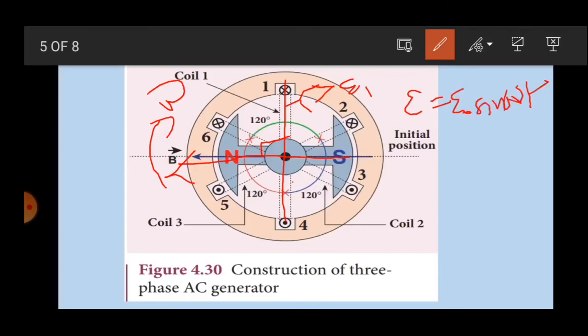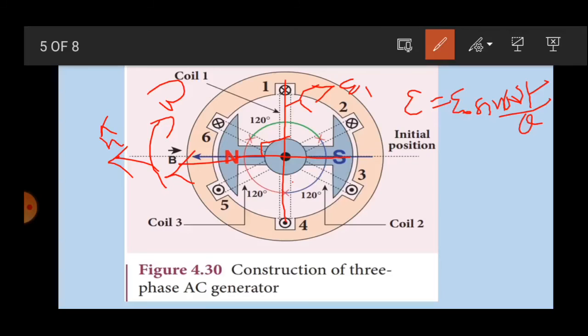Now, what is omega t? Theta. What is the angle between the magnetic field and the normal to the plane? The normal to the plane, the n unit vector, is parallel to the field, so theta is equal to 0. Sin 0 is equal to 0, so the induced EMF is 0. Already you studied this in the earlier section.